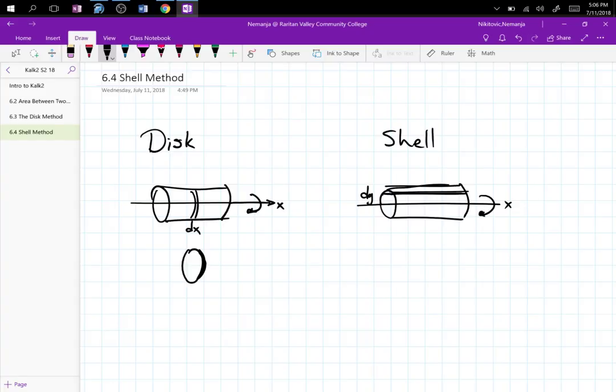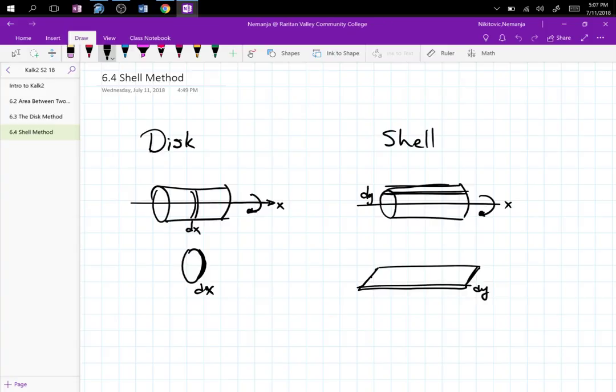But the important part is that these shapes would be delta y thin, and you will stack those up to get the formula.